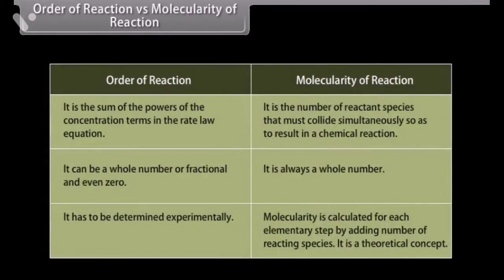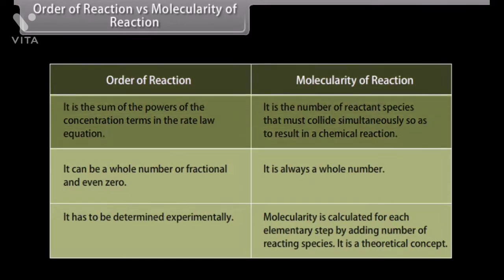Order of reaction versus molecularity of reaction. The important differences between the order of reaction and molecularity of the reaction are: Order of reaction is the sum of the powers of the concentration terms in the rate law equation, whereas molecularity of reaction is the number of reactant species that must collide simultaneously so as to result in a chemical reaction.